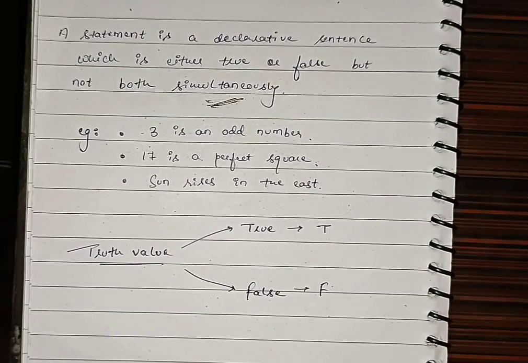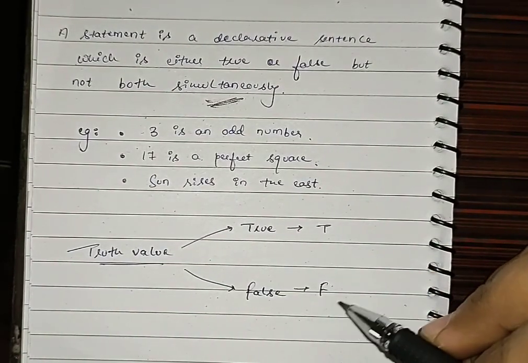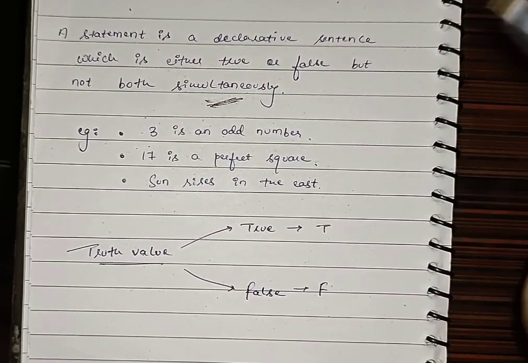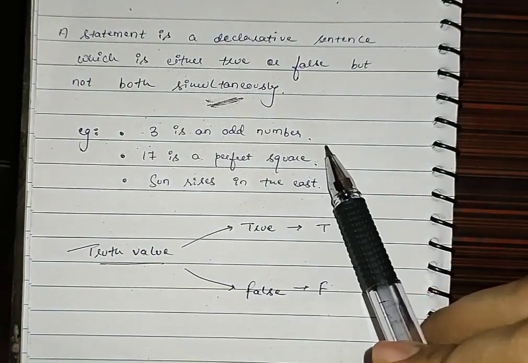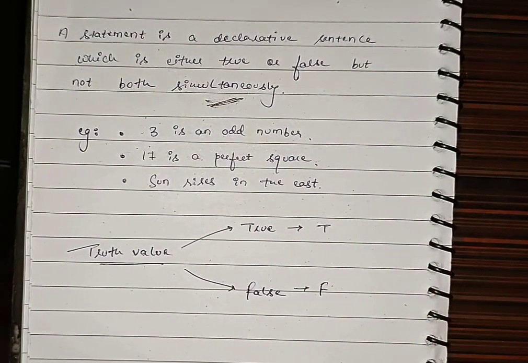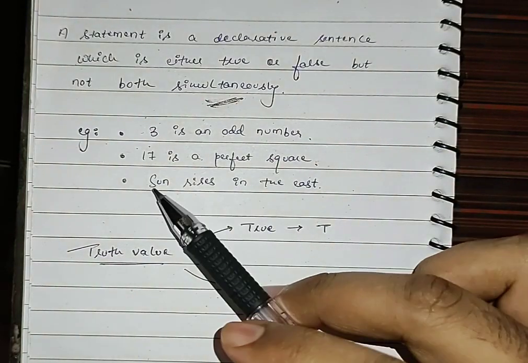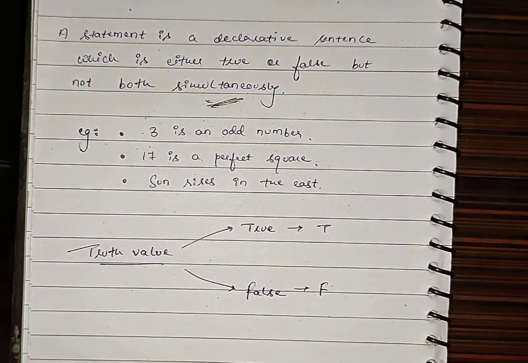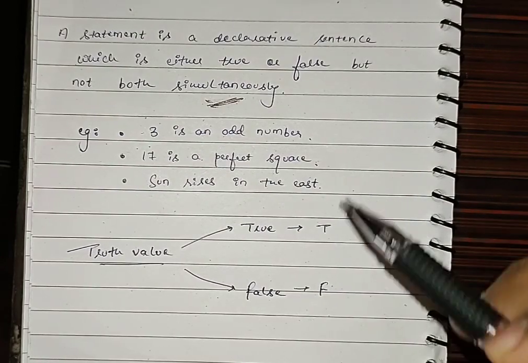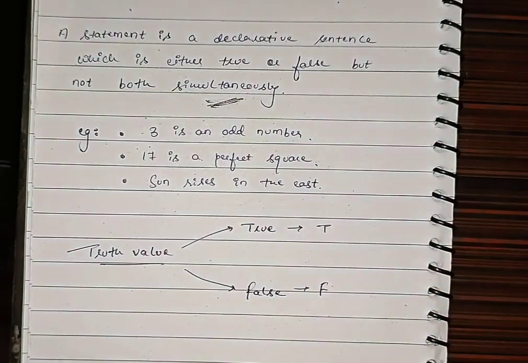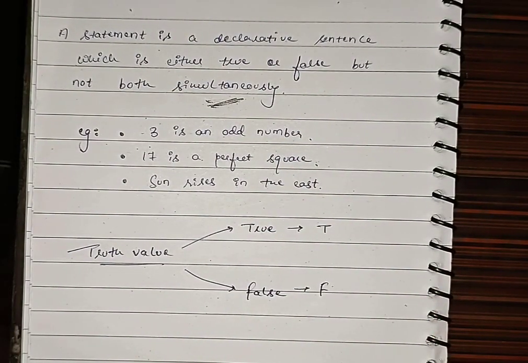The truth value for true is T, and the truth value for false is F. Now going back to our examples, if I ask you to assign a truth value to our first statement, 3 is an odd number, then since it is a correct statement, you would be assigning it a truth value of T. Similarly, the second statement, 17 is a perfect square, is incorrect, hence you would be assigning it the truth value F. And the third one is a fact, sun rises in the east, meaning this statement is correct also, hence the truth value T would be assigned to it.